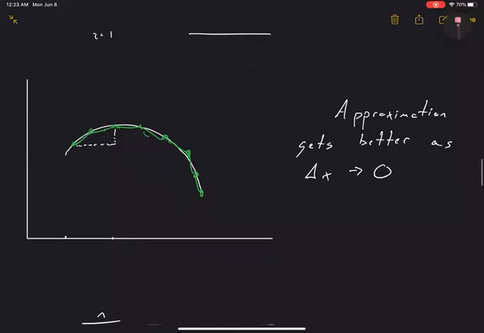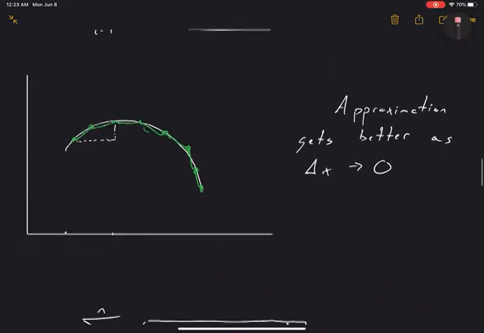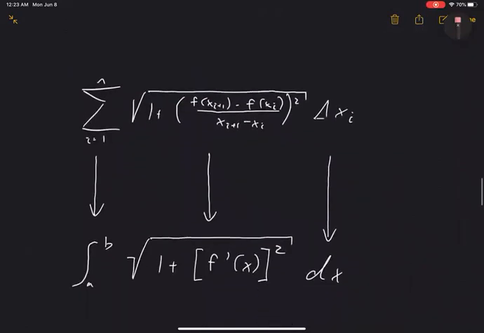And so I'm going to make this horizontal distance between points shorter and shorter, and I'm going to have more and more of these approximating green line segments. In other words, I'm going to take the limit as delta x goes to 0. And what happens when I take that limit? I'm going to end up with an integral, right?